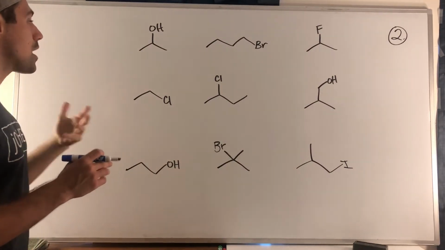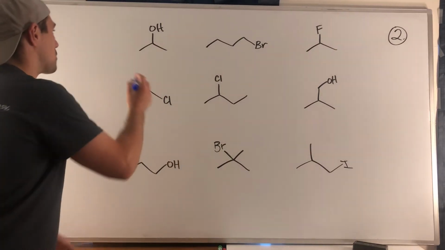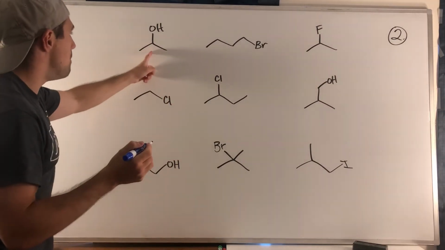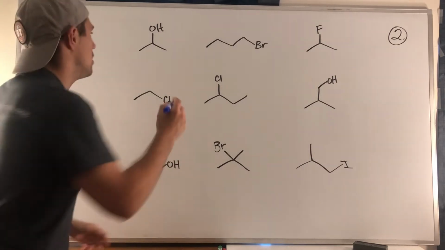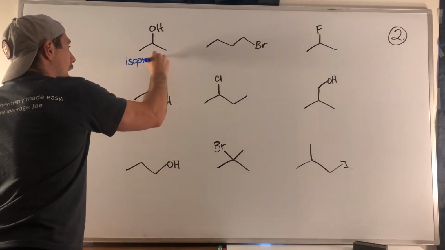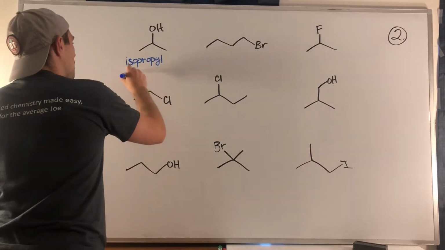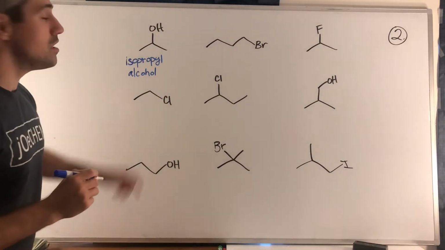So this is going to be some type of propyl alcohol, but it's not just regular propyl alcohol, because propyl alcohol would just be 3 in a row with the OH on the end. We are in that middle position, so to illustrate that to somebody, we would say this is isopropyl, and then the group that's attached, and that's an alcohol. So isopropyl alcohol.